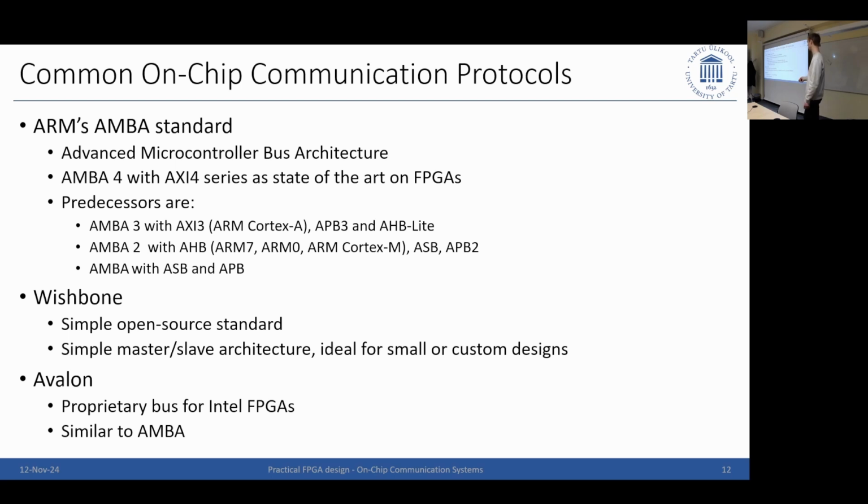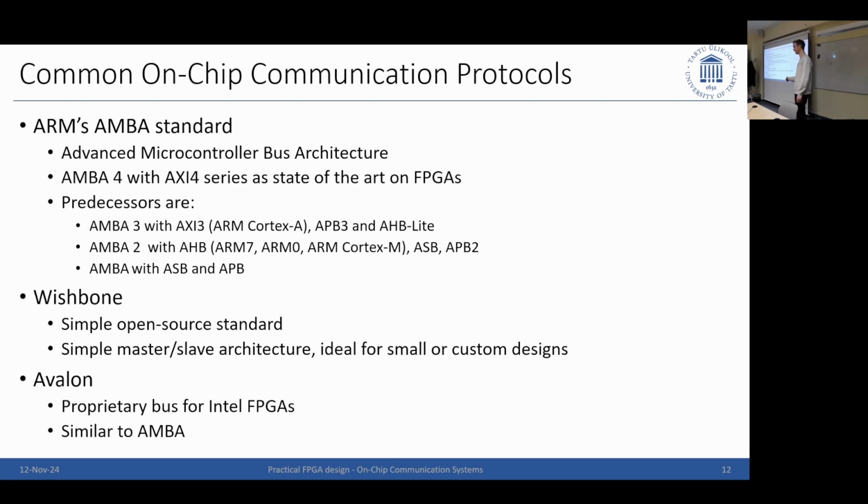Wishbone is an open source standard, just an alternative to avoid potential licensing issues. It's a simple master-slave architecture. You can look into that if you want. Although, for example, for Xilinx devices, you would need to write everything yourself, or write wrappers from Axie to Wishbone. And Avalon, I've only seen that in the end.